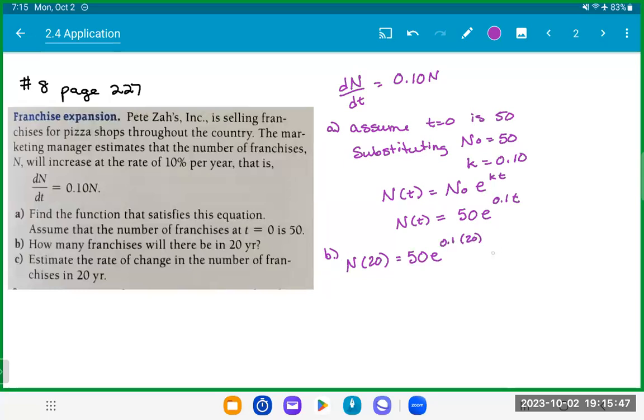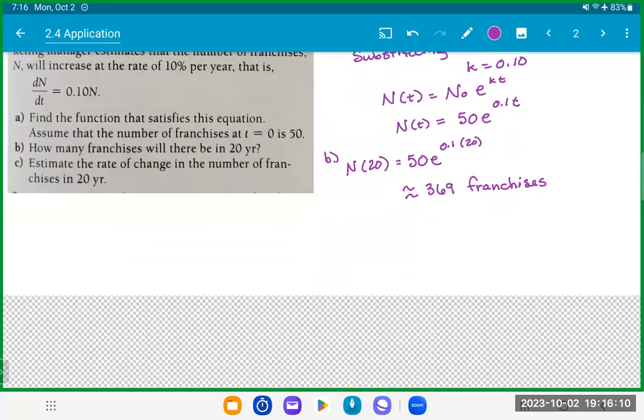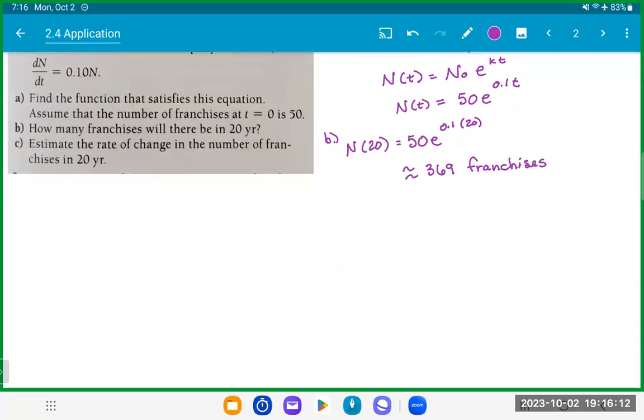And that will simplify to about 369 franchises. Okay, so we have 50 franchises today. We're going to grow at this rate of about 10% per year. So in 20 years, we should have about 369 franchises available. Okay, question.